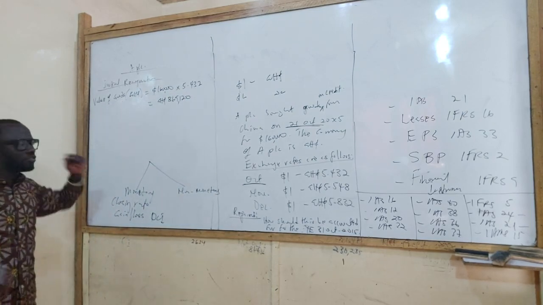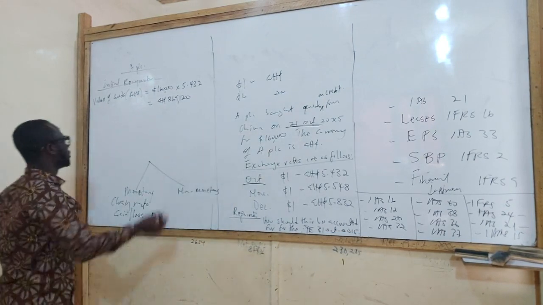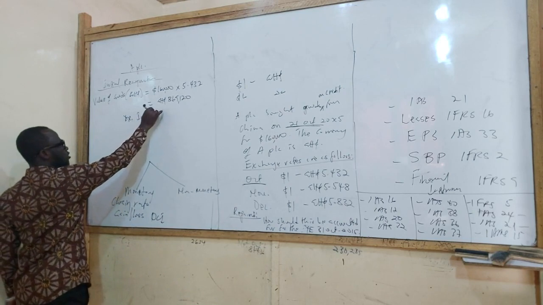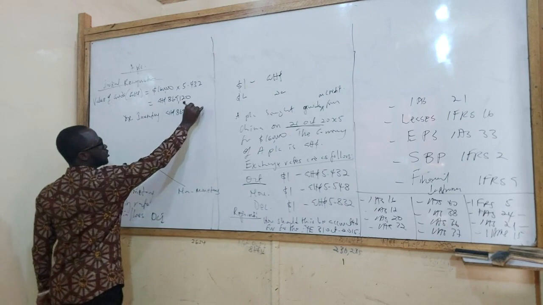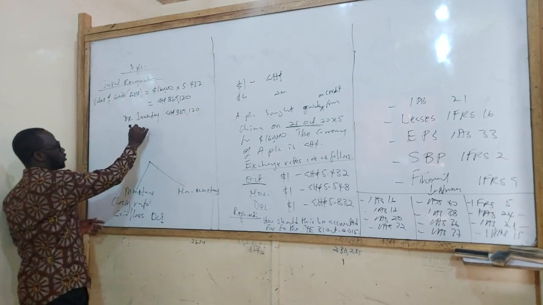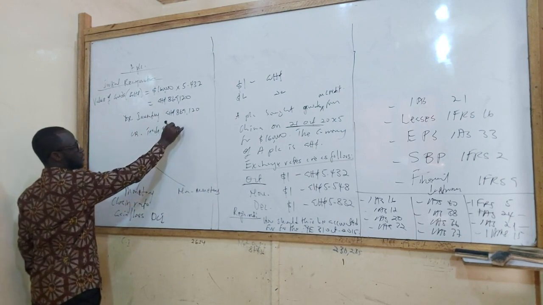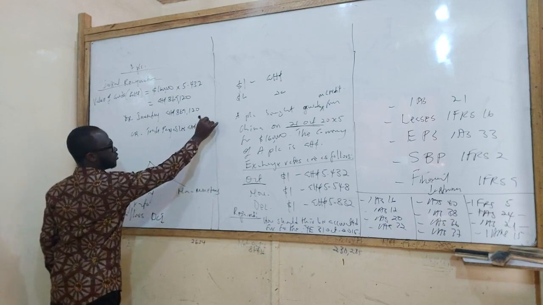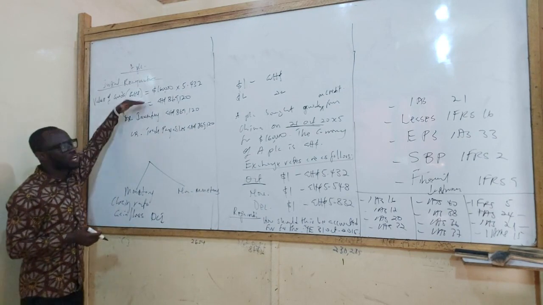So what is the double entry for the initial recognition? Remember, we are buying goods on credit, so we debit our inventory with 869,120, and we credit the supplier or trade payables with 869,120. Are you getting the idea? So that is the initial recognition.